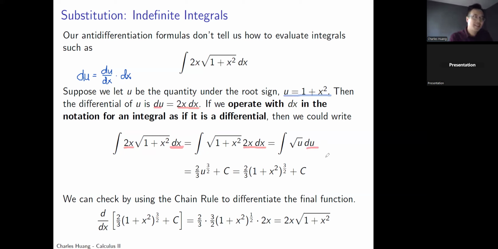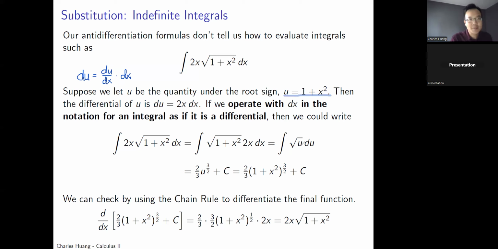And that's kind of nice, right? Because now I have taken all the x's away, so there's no more x here. There's only u, the new variable. And this substitution that we did here is nice in that right now, this is very simple and we can find the answer.